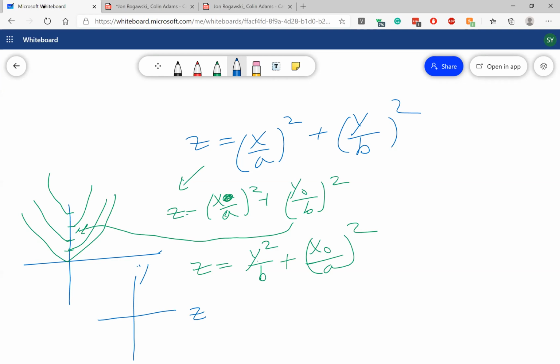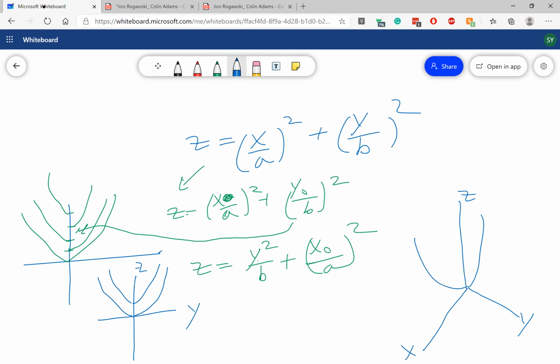And again, we have parabolas that go like this. So in the three directions together, in the xz direction, we have parabolas. In the yz direction, we have parabolas.